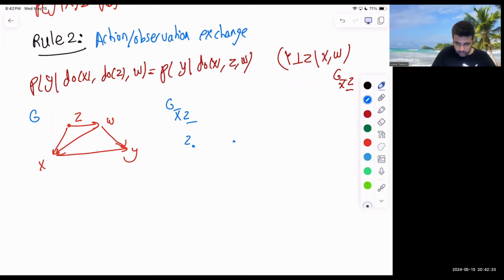W, X to W, X to Y, and this. Are Y and Z independent? Yeah, that's it, because all the edges that are going out of Z, we have to delete. And Z and Y are independent. They are actually not connected. Z is independent of anything else. So it says that you can actually remove do Z and replace it with Z in this graph.